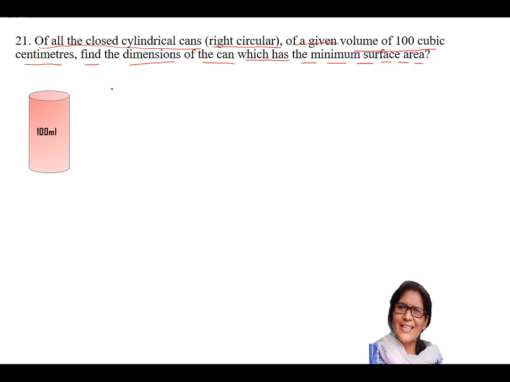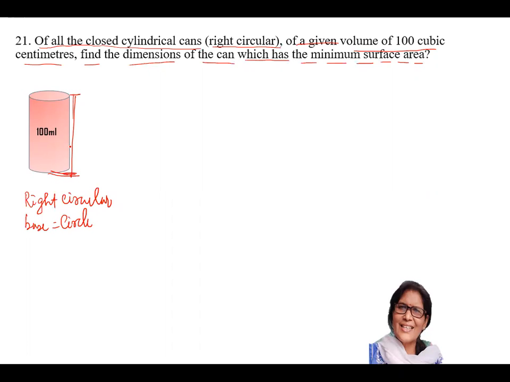So let us analyze the question. First, it is a right circular cylinder. What do you mean by right circular cylinder? Right circular means your base is a circle and the height makes 90 degrees with the radius.